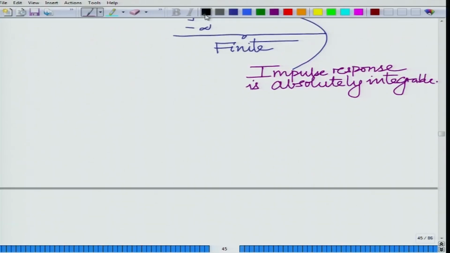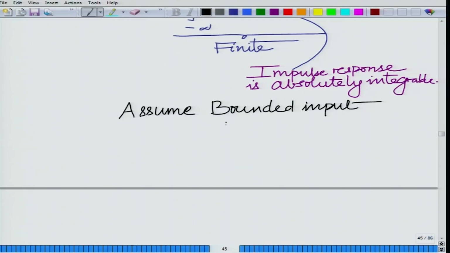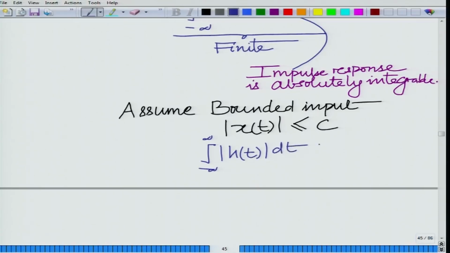Now let us assume that we have a bounded input, magnitude x t less than or equal to c, and let us also assume the integral from minus infinity to infinity of magnitude h t dt equals some constant, let us say alpha.